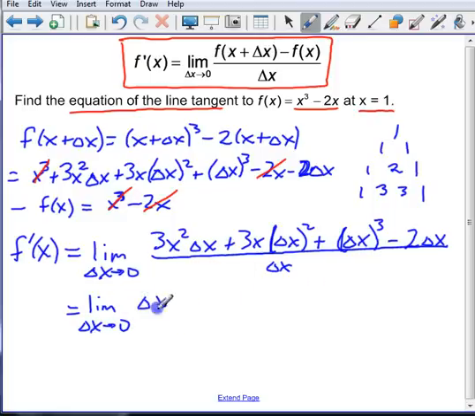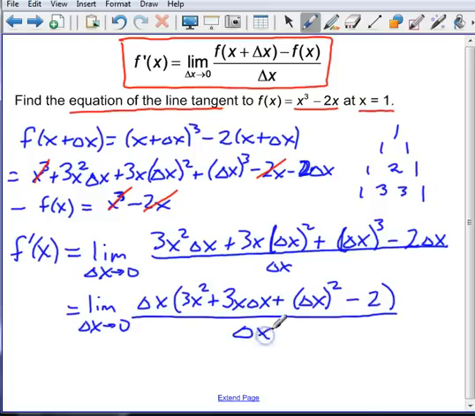So I've got delta x parentheses 3x squared plus 3x delta x plus delta x squared minus 2, all over delta x.